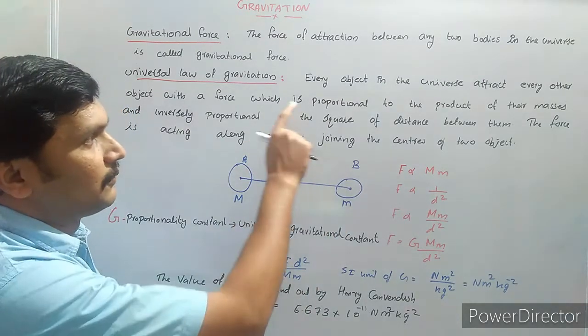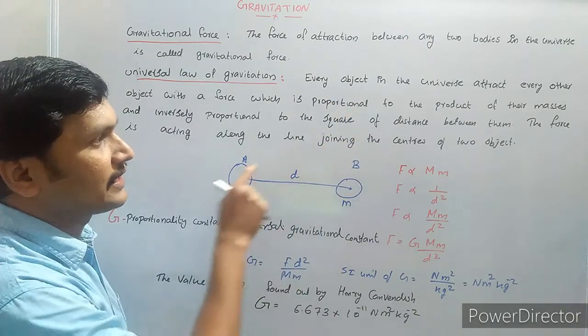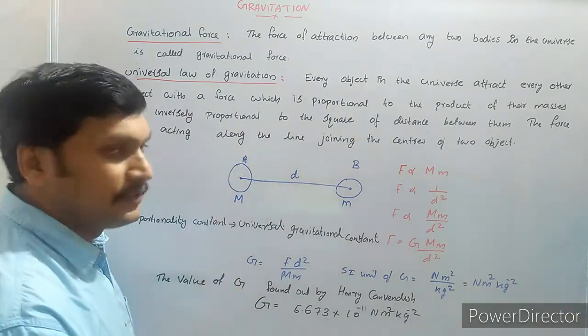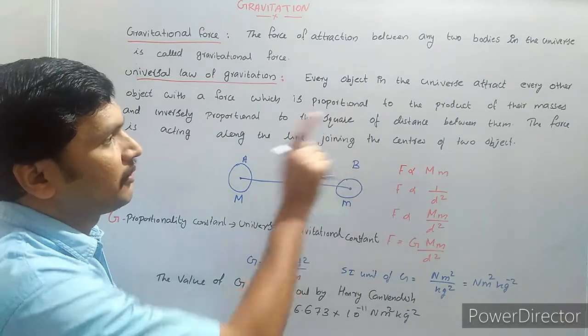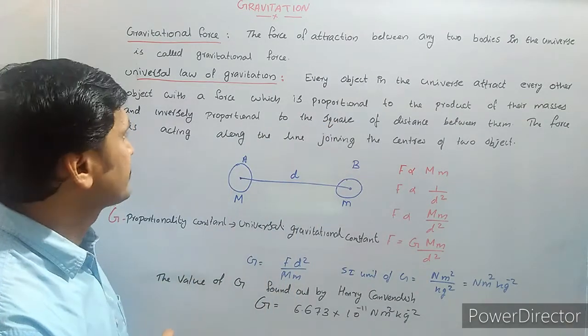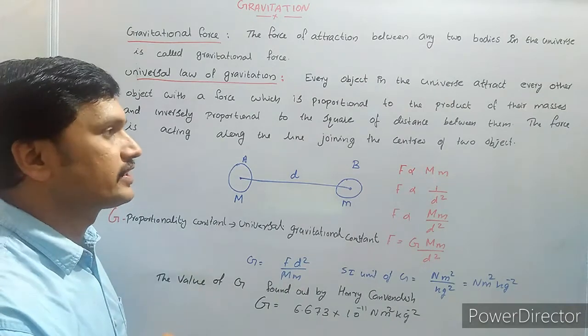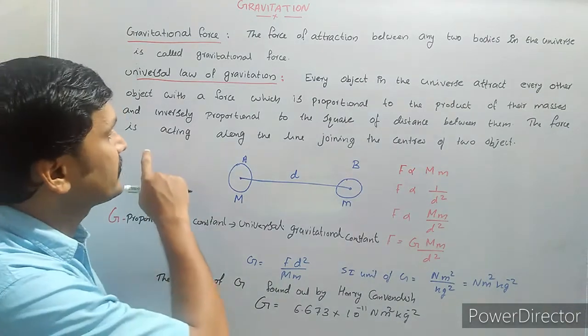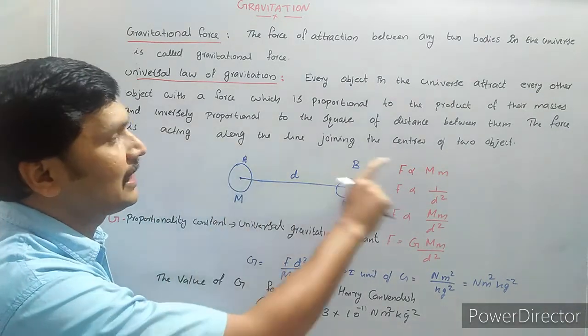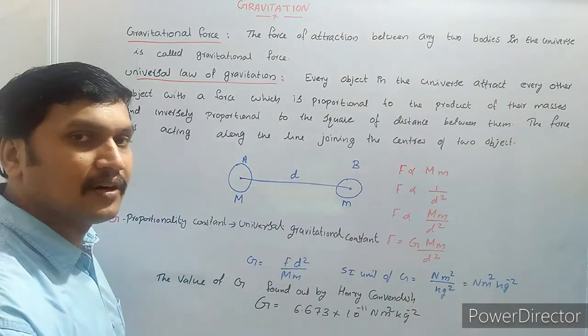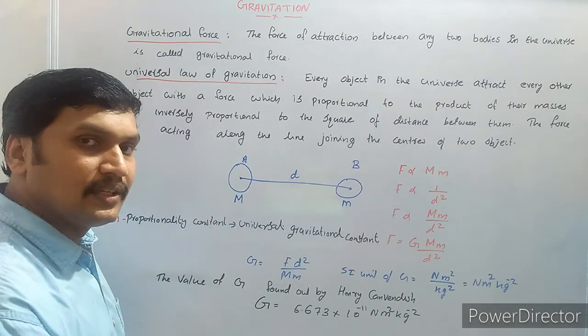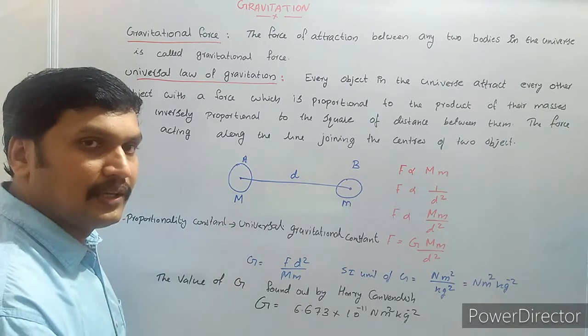That is, every object in the universe attracts every other object with a force proportional to the product of their masses and inversely proportional to the square of the distance between them, acting along the line joining the centers of the two objects. In order to illustrate that law, let us see.